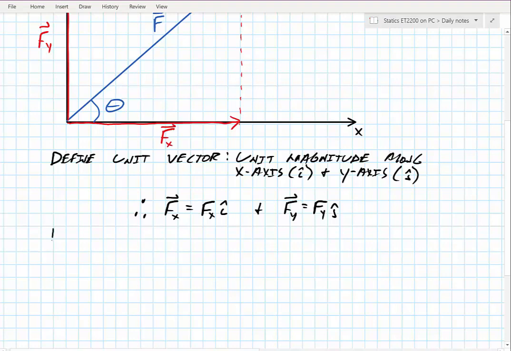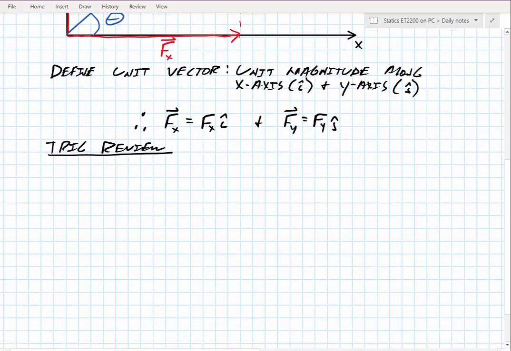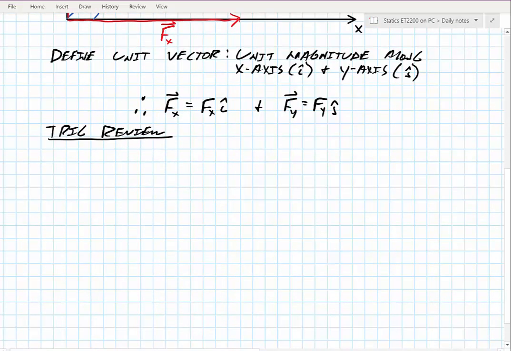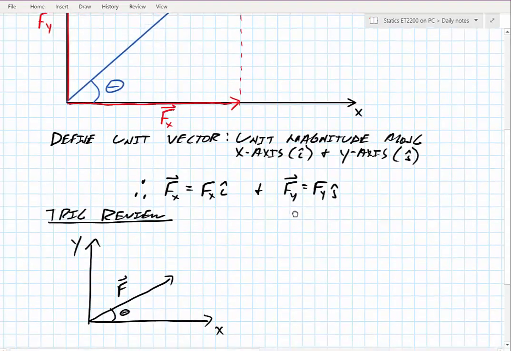Quick trig review. That's hard to say 3 times fast. If I had a vector that was located on this coordinate system, we have some vector f, and we know some angle theta, and we're interested in these rectangular coordinates.